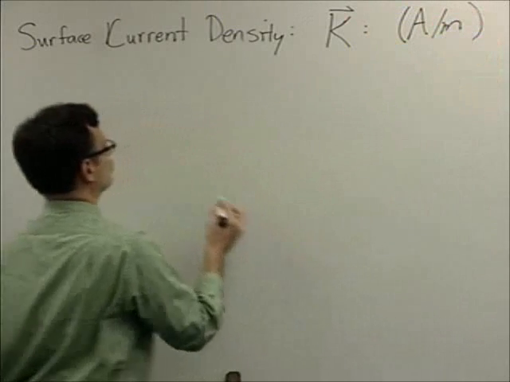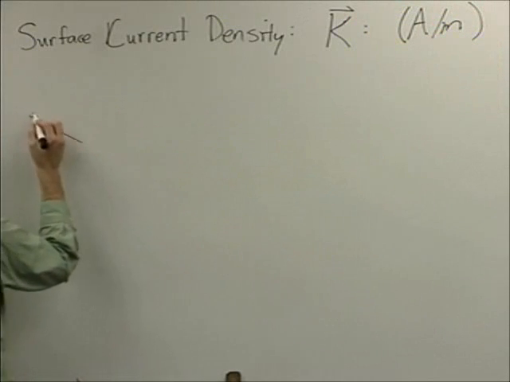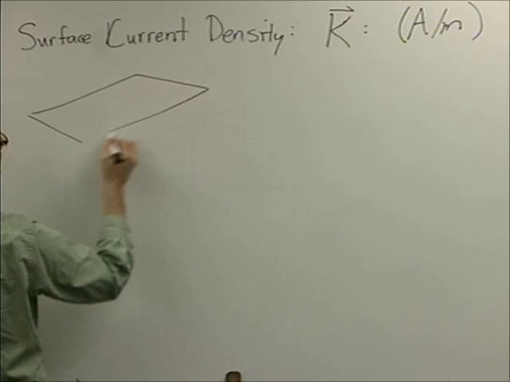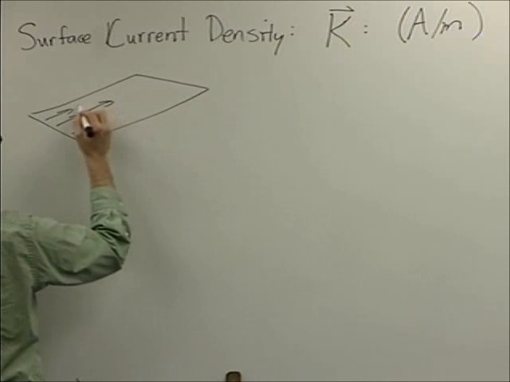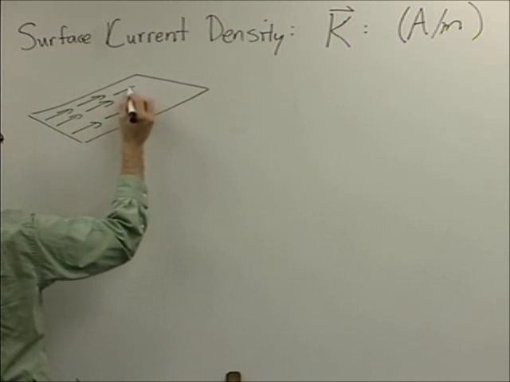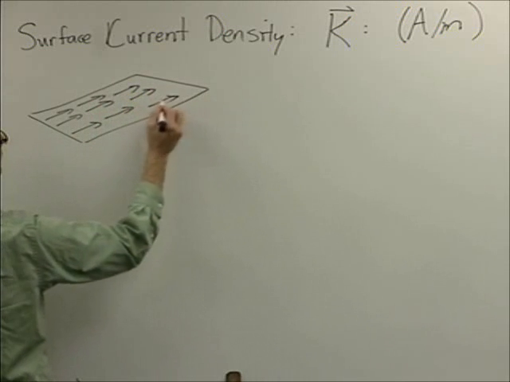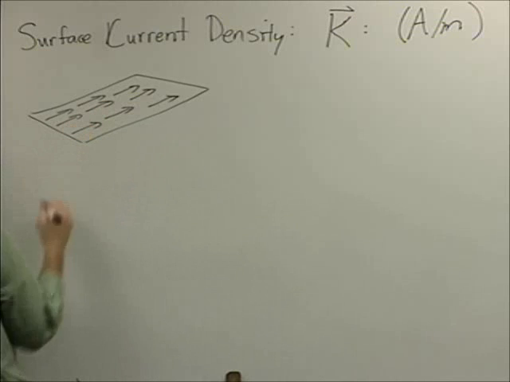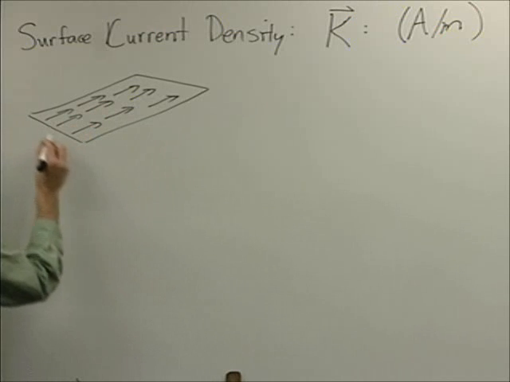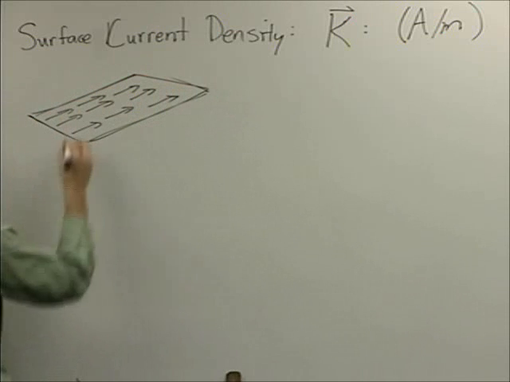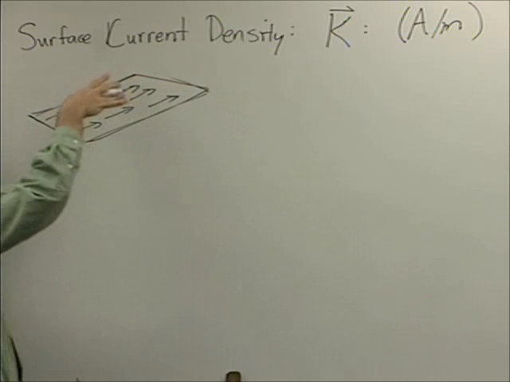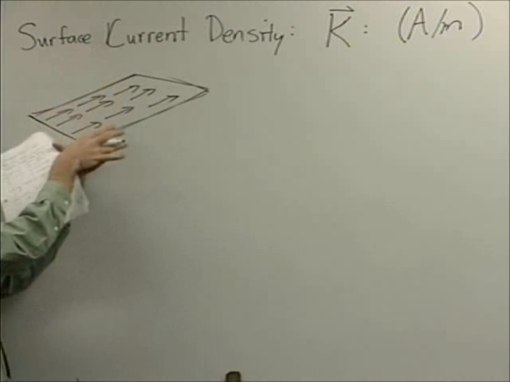And if you were to draw it, it would look kind of like this. You'd have maybe a sheet of metal or some sort of conducting quantity, and there would be current that is confined to a plate.